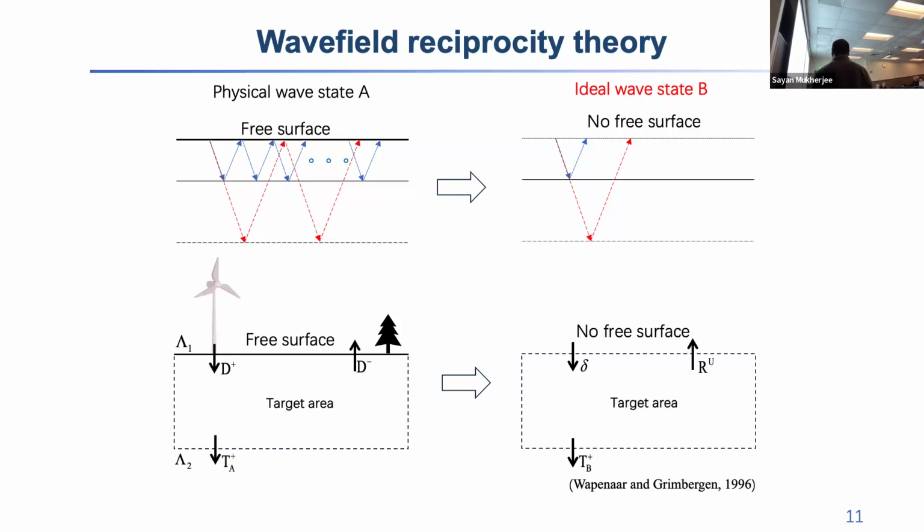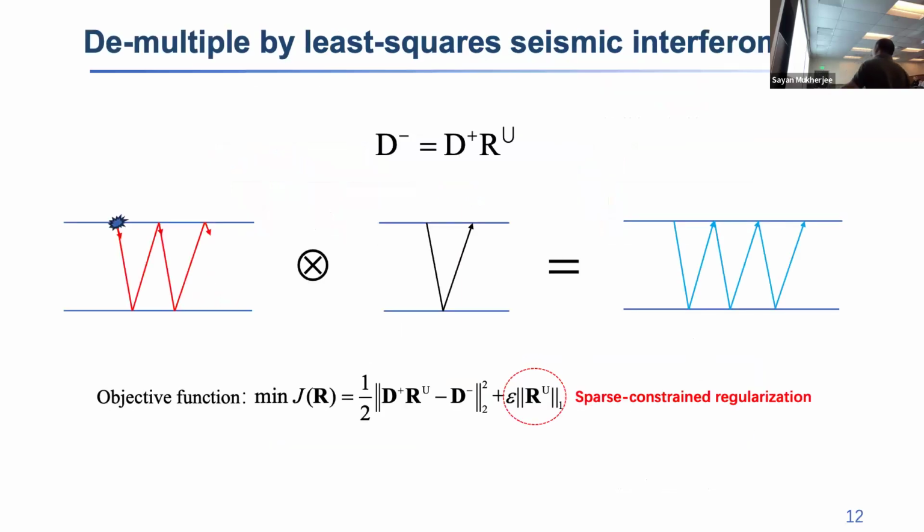The source is a delta function, and the outgoing wave field is the primary reflected wave. So if we take all these wave fields into this theory, after derivation, we get the transformation relationship between the field data for the physical state and the ideal data for the ideal wave state.